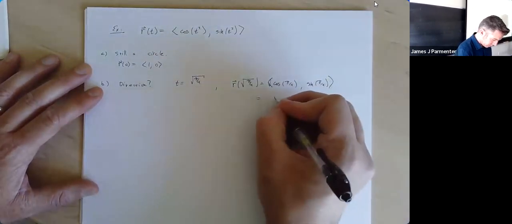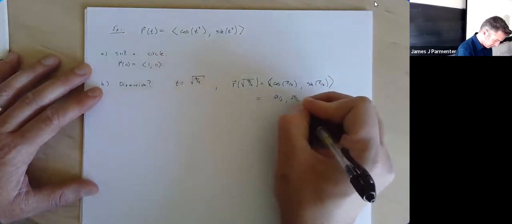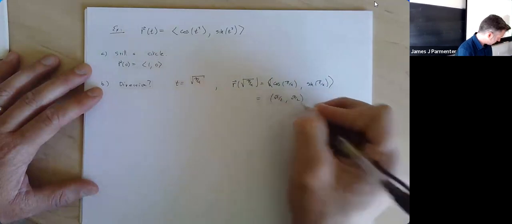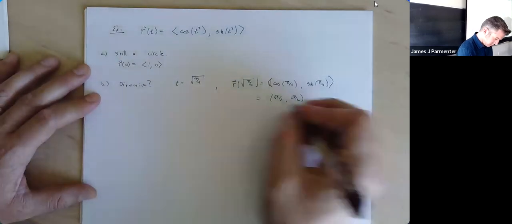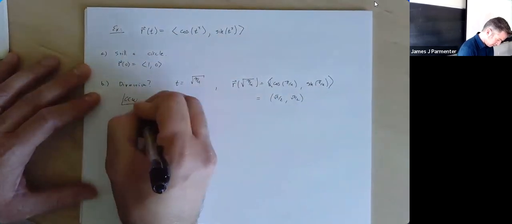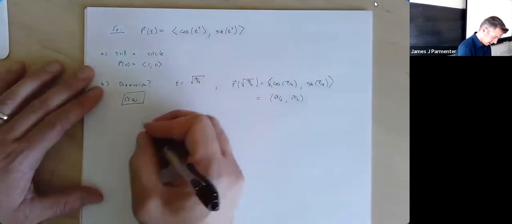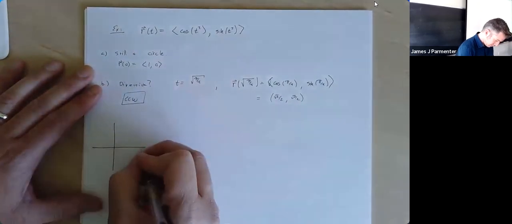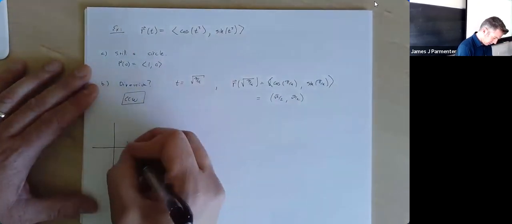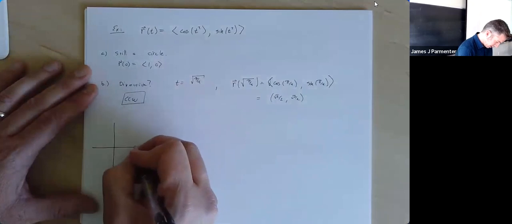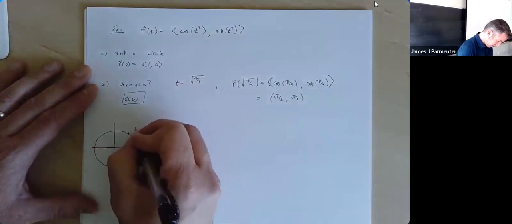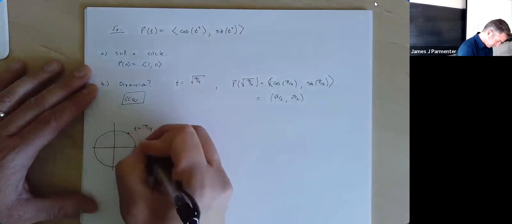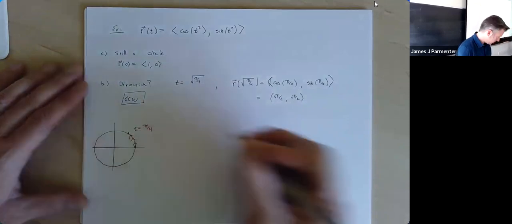That's going to be root 2 over 2 comma root 2 over 2. So we're still thinking counterclockwise. We're starting at 1, 0, and then later on at time equals pi over 4 we are right there. So we're definitely going that way.